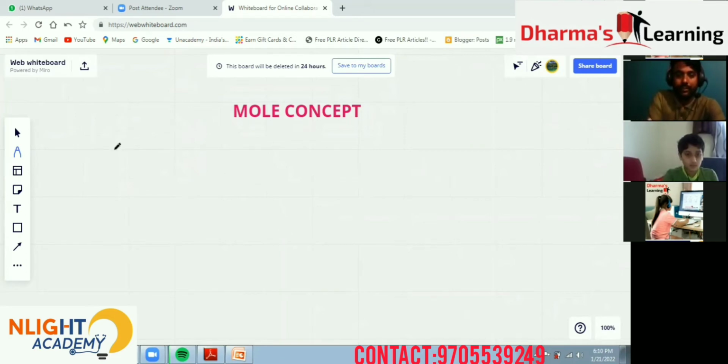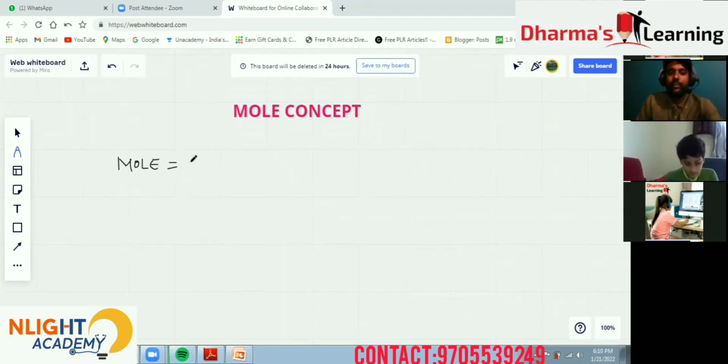Let me briefly recap what we've learned so far. What is mole here? We said it's a counting unit, right? Yes. So what is its value? 6.02 into 10 power 20?